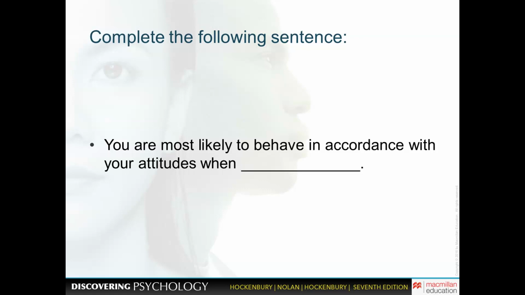Okay, and last but not least, we tend to behave in accordance with our attitudes when we have a vested interest in the subject, and we basically stand to gain personally or lose something on a specific issue. So we either stand to gain or to lose in a particular situation. Hope this helped.